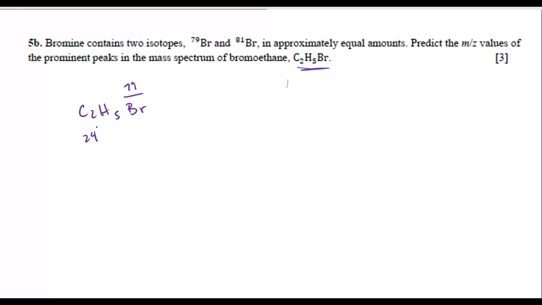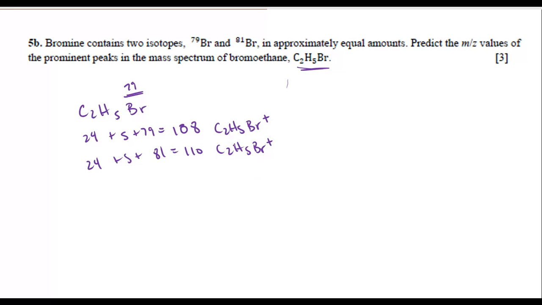So we'd have 24, 2 times 12 is 24, plus 5 times 1 is 5, plus 79 is going to give us 108, would be C2H5Br plus with isotope 79. We could do it again. 24 plus 5 plus 81 is going to give us 110. That would be the other molecular ion with the heavier of the 2 isotopes.